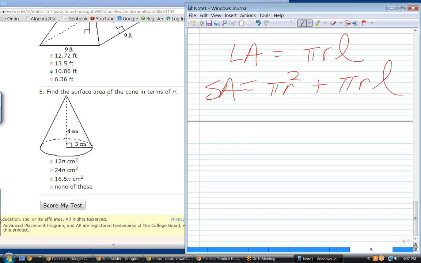Here they want the total surface area. So what's the pi r squared? Pi r squared would be 9 pi. What's this measurement? 5. Okay, so that's going to be 15 pi, because r is 3, and that's 5. So that would be 15 pi. So 24 pi.